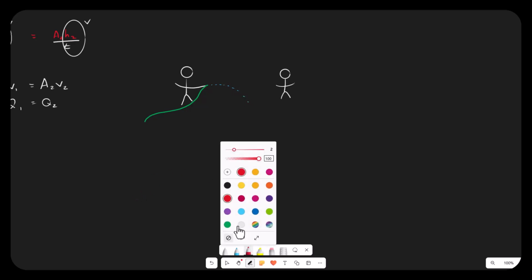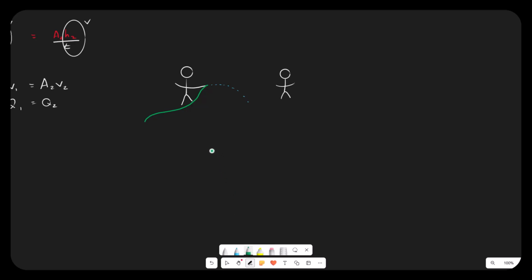So what do you do? Well, the same thing that everyone does. If this is the end of the garden hose, you are going to take your thumb and cover a whole lot of the end of the garden hose. So now the water only comes out through this little portion.